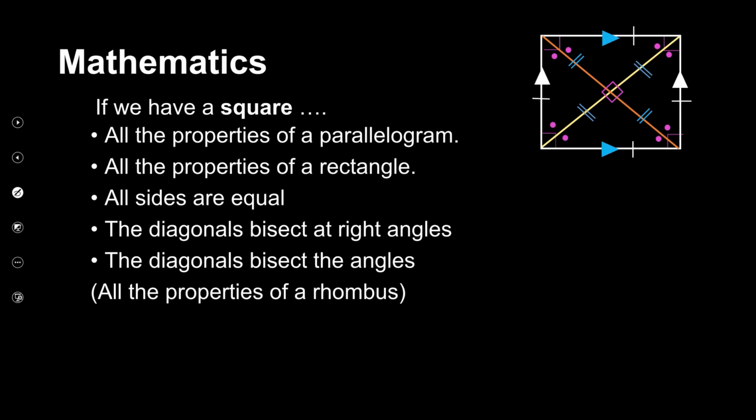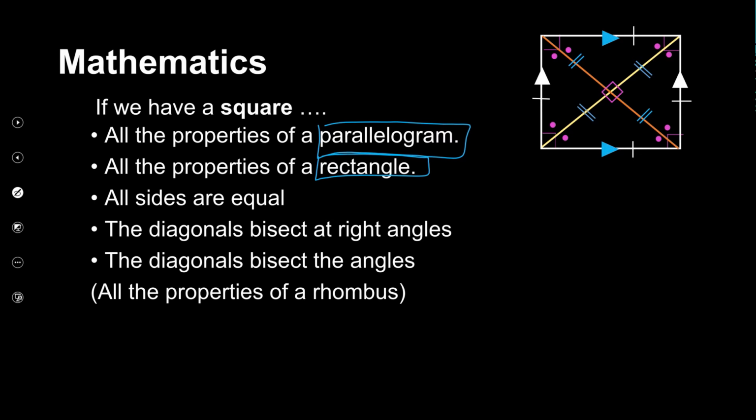So if we have a square, it means that all the properties of a parallelogram hold, all the properties of a rectangle hold. But now the interesting thing that we need to add also is, if both the properties of a parallelogram and a rectangle hold, what must I call it now? Because, all right, it's a parallelogram, but there are some properties that are short there. I must add them. It gives me a rectangle.